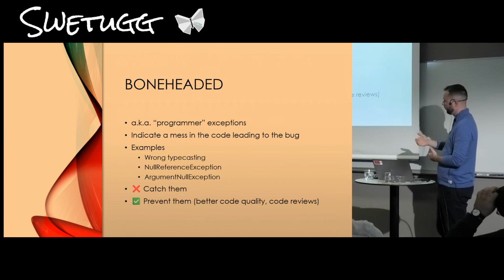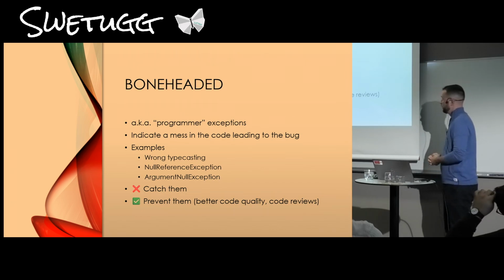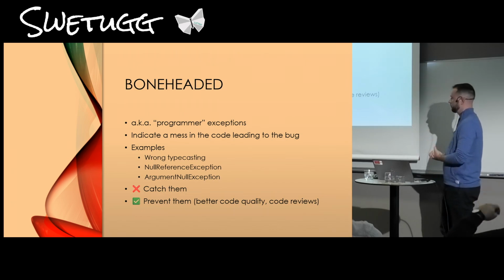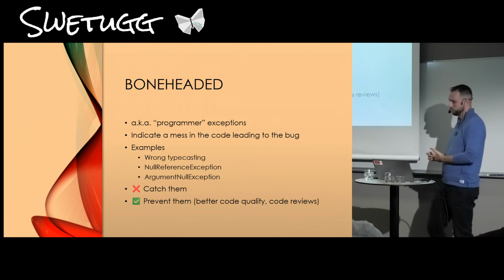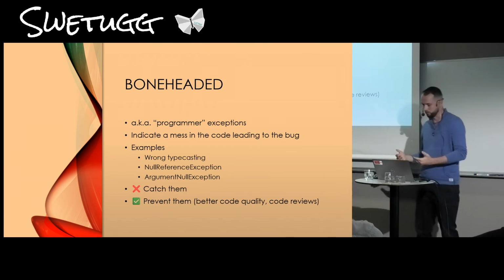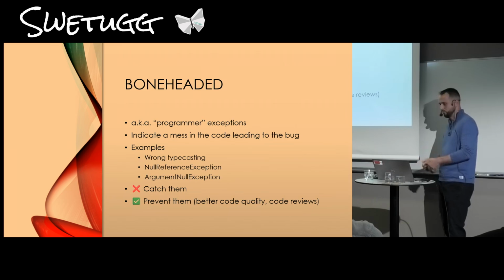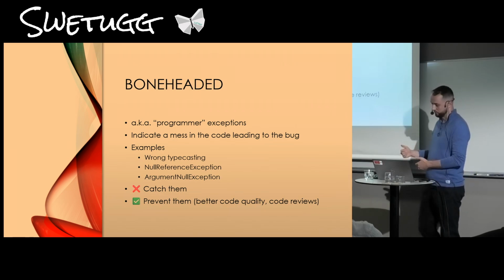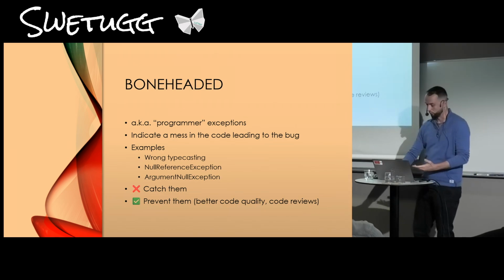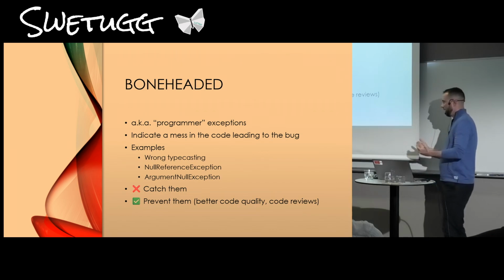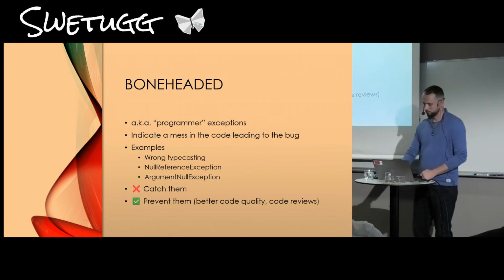So with the better code quality, code reviews. He also puts there the index out of bound exception, because if you have the array of 100 elements and you are trying to read the 101st one, it's probably your fault. It's not like some client problem or something like that.